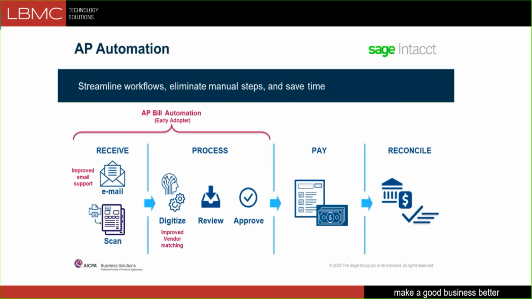This functionality involves an email address and or an upload button in your AP. Vendors can forward emails directly to the email address that Intacct is going to provide, and or you can upload a bill to it, and then Intacct will create a draft bill from that inbox and populate it with the data captured.